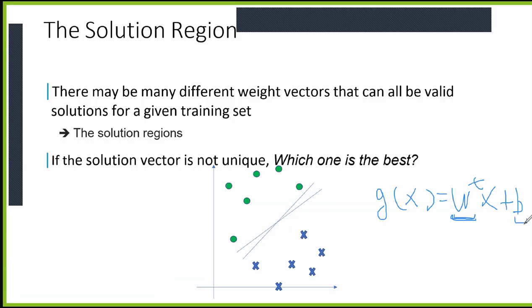And the bias determines the shift from the origin with respect to the direction of the weight. In other words, the weight is the normal vector of this hyperplane, which is the perpendicular direction. And the bias shifts by this degree from the origin. So we want to find the optimal weight and bias.